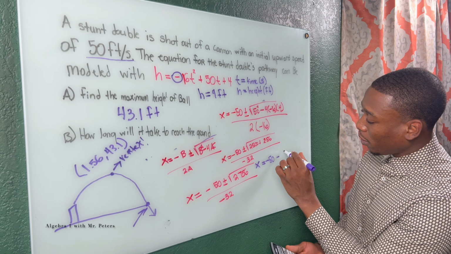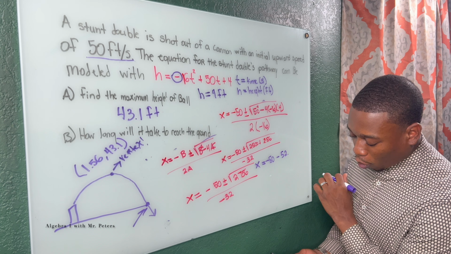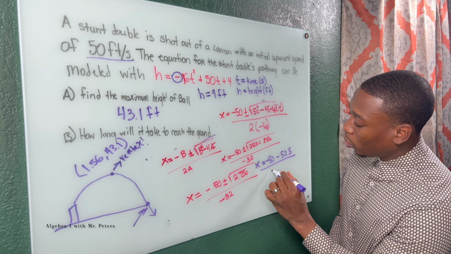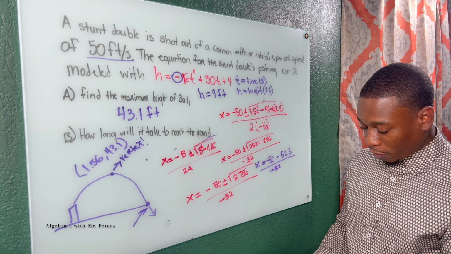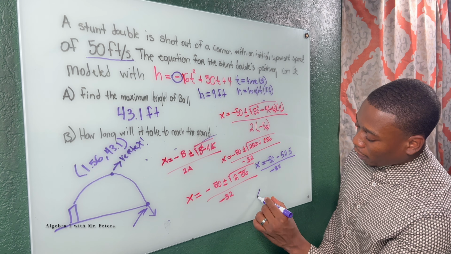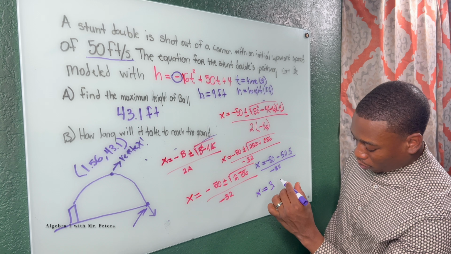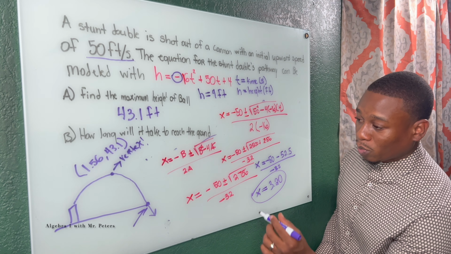This is going to be 52.49. So we're going to round it to 52.5 all over negative 32. So once we simplify this now, we're going to get x is equal to positive 3.20.